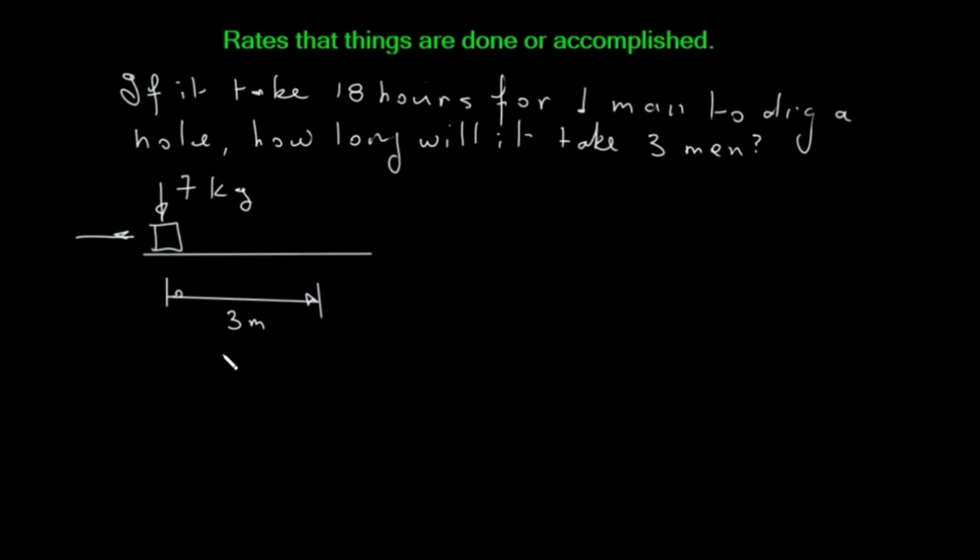We need to be able to demonstrate or represent the amount of effort done to move it. We need to include the 3 meters in some way and the 7 kilograms in some way.